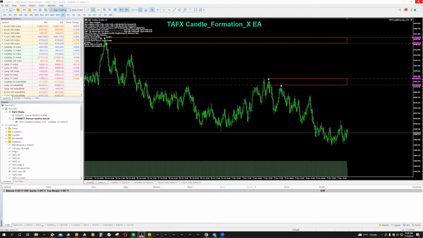This is for MT5. Remember, we have the candle formation for MT4, and this one is for MT5, and now updated. If you have been watching the videos about the candle formation, you know how powerful the candle formation is, and you have also been seeing the result on our Telegram channel.